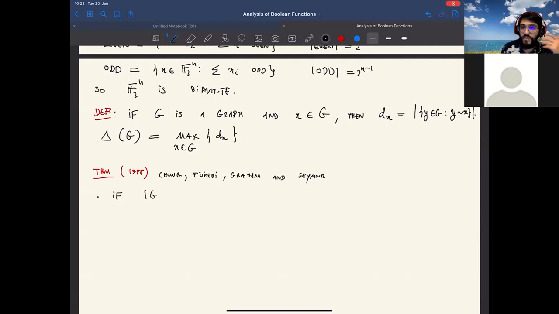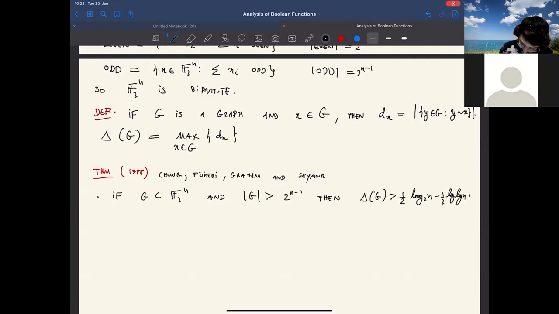Imagine now that you have G as a subset which has more than 2 to the n minus 1 points. So it cannot be the even guys or the odd guys. It has to be a bit more. Then the degree suddenly jumps. The degree was 0 before, for instance, for the even guys. But if you just add 1 guy, you must have at least degree log base 2 of n minus a half log of n plus a half.